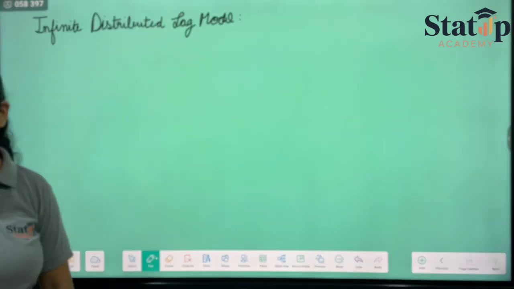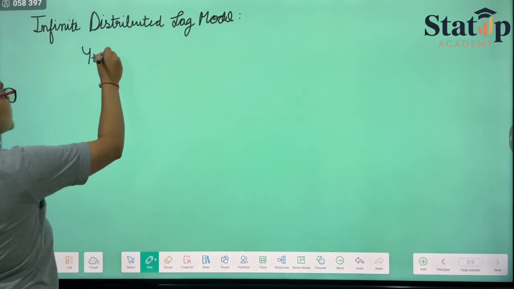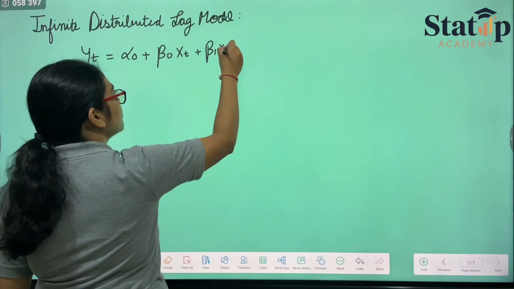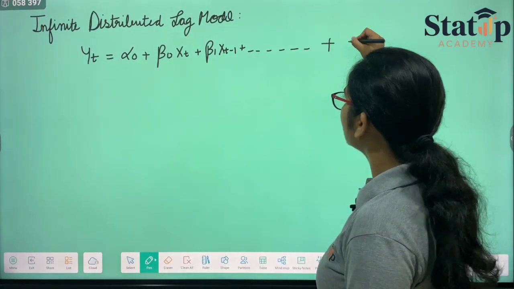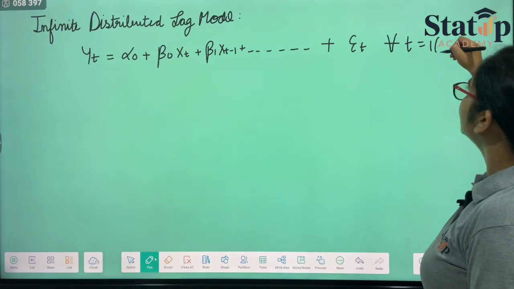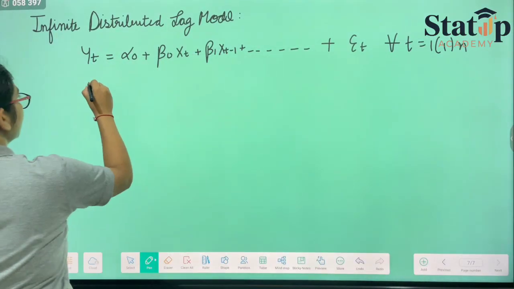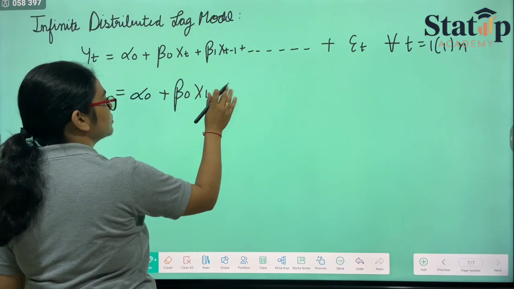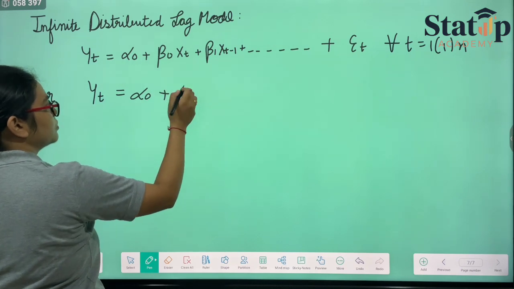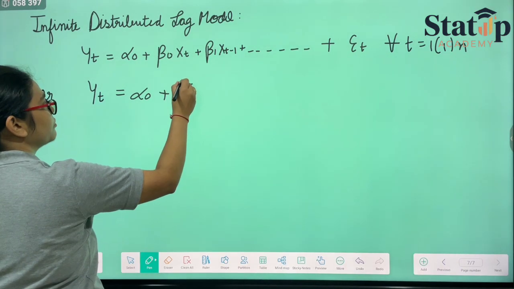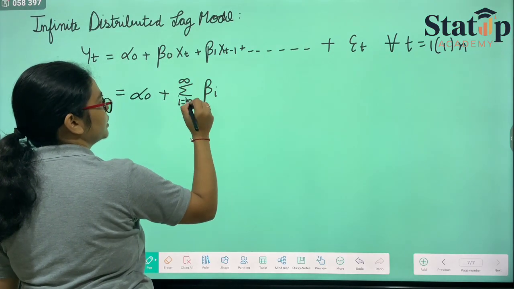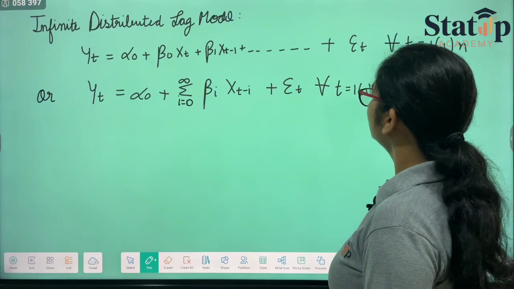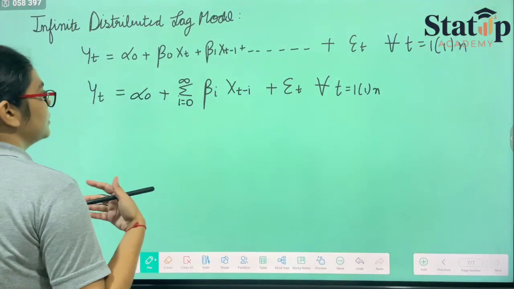Here we have yt is equal to alpha naught plus beta naught xt plus beta 1 xt minus 1 plus up till we don't know where, or we can write infinity, plus epsilon t for all t from 1 to n. This model can also be written as yt is equal to alpha naught plus the summation of beta i xt minus i, i from 0 to infinity, plus epsilon t for all t from 1 to n.